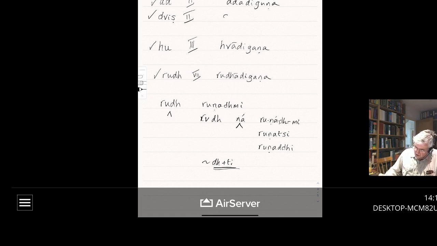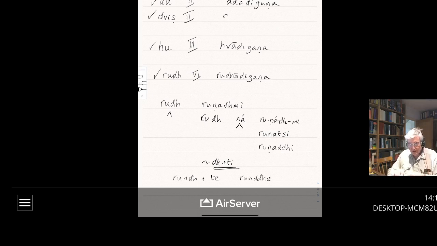For the unstressed, otherwise known as the weak forms, you add in not the na, but just simple n on its own. So, for example, rundh plus te by sandhi becomes rundhe.